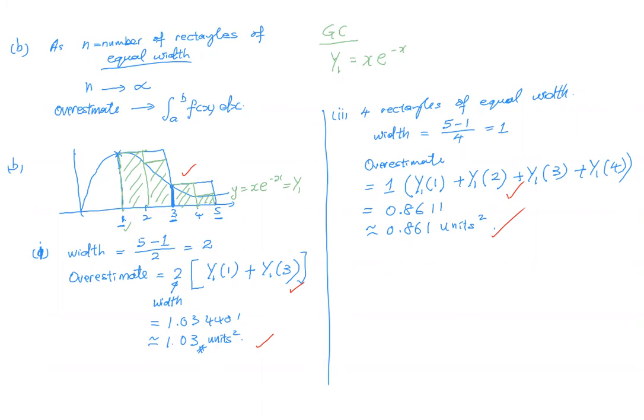Okay. So for part C, you want to find the exact area bounded by the curve. So what you need to do is use the answer from A. Whenever you do this, you have to know the answer from A, because we know the integral of x e to the power negative x from A2, correct?